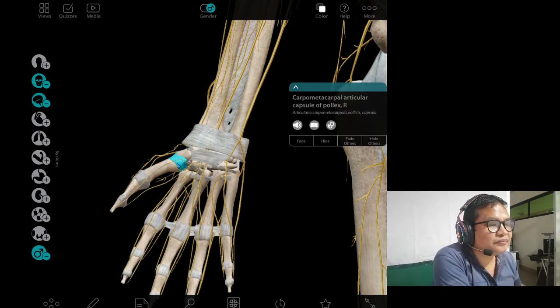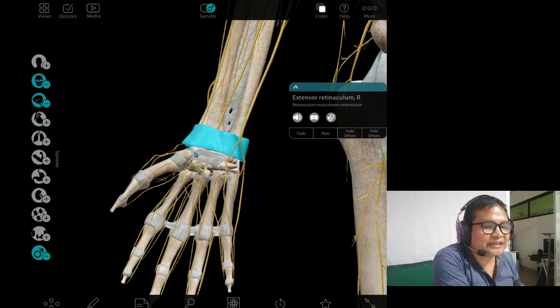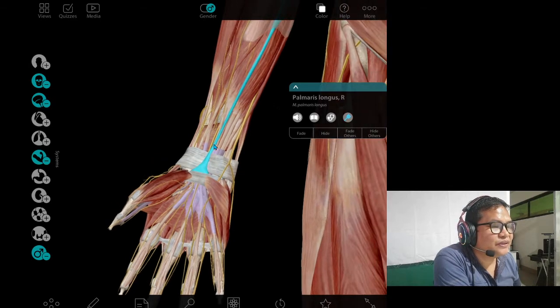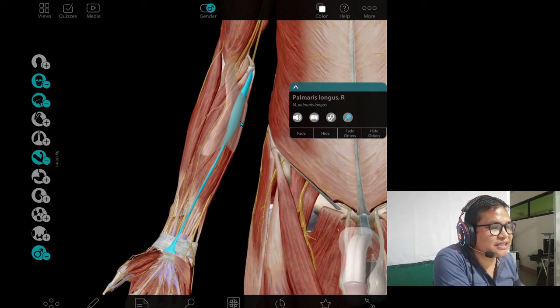Now, then you have the radial nerve at the back. Now, let's put the muscles. Here, if you notice, that is an extrinsic muscle of the hands, the palmaris longus, which flexes the wrist.